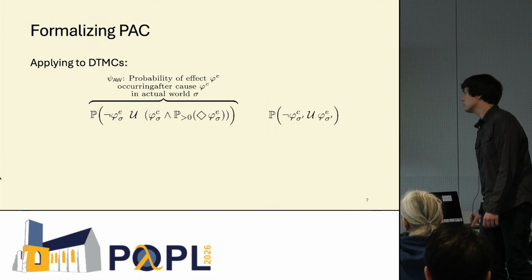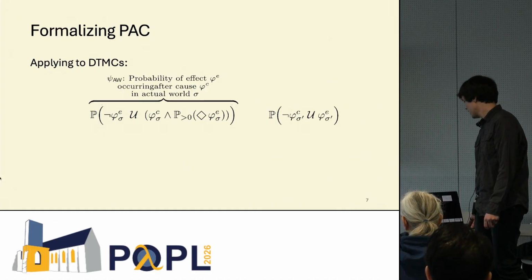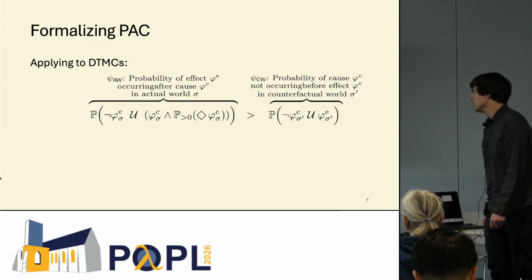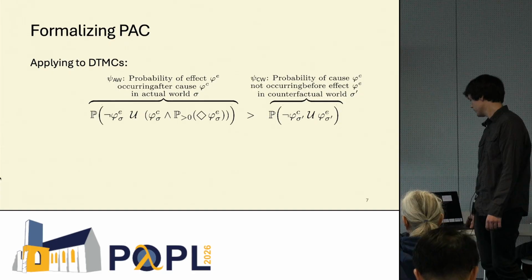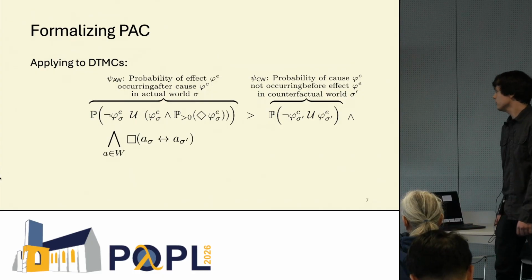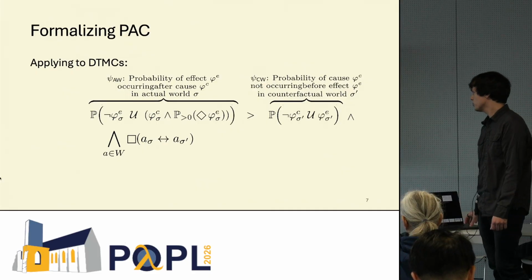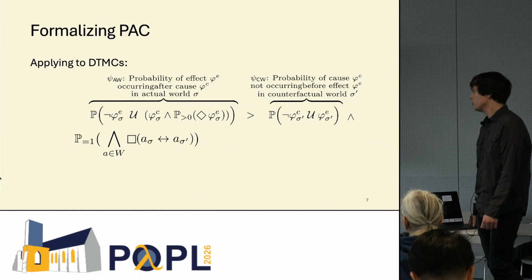For the counterfactual world, we are going to encode it such that we don't want to see the cause until we see the effect. And then, as in PC2, we want to ensure that the actual world happens with greater probability than that of the counterfactual world. And for the contingencies, we want to say that for all variables within the set W, they agree between the actual world and the counterfactual world. And that's going to hold with probability 1.